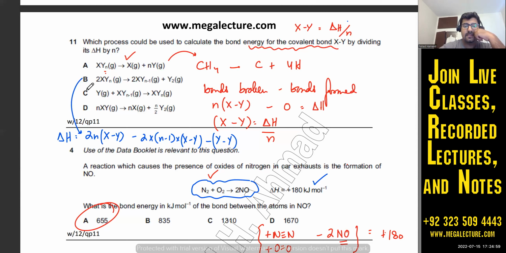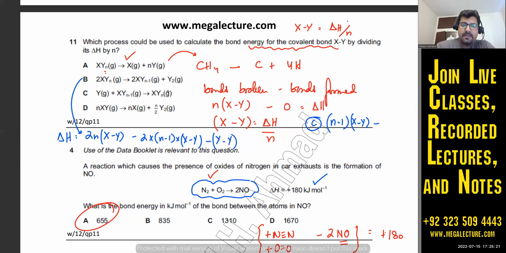This one is interesting. C. If I do C, how many bonds are broken? That's N times N minus 1 times XY bond energy. These are the bonds that are broken. And how many are formed?